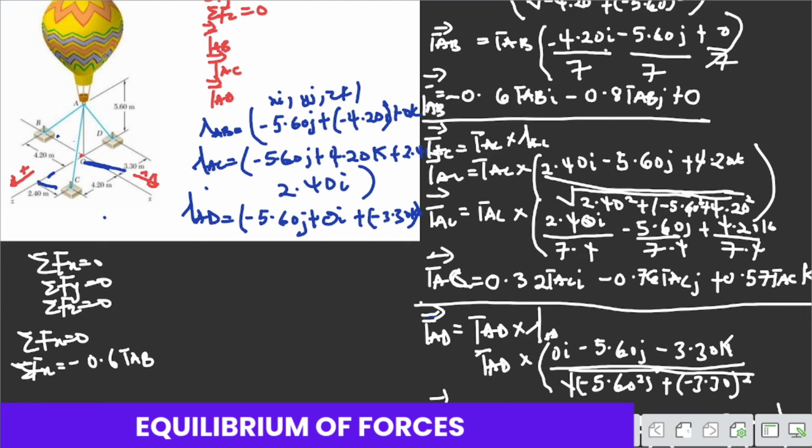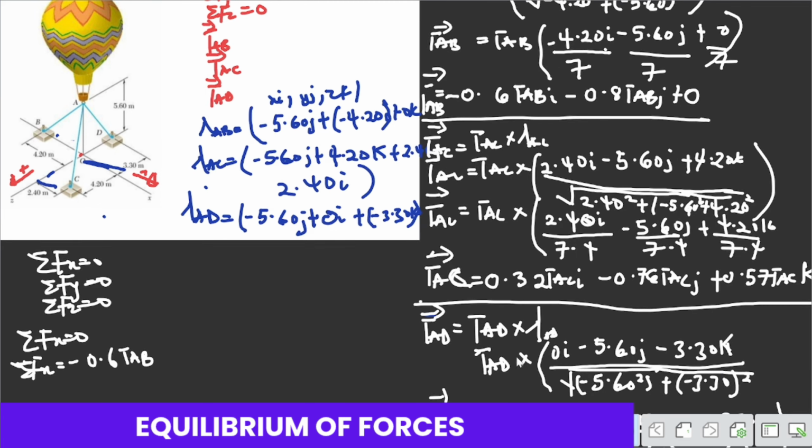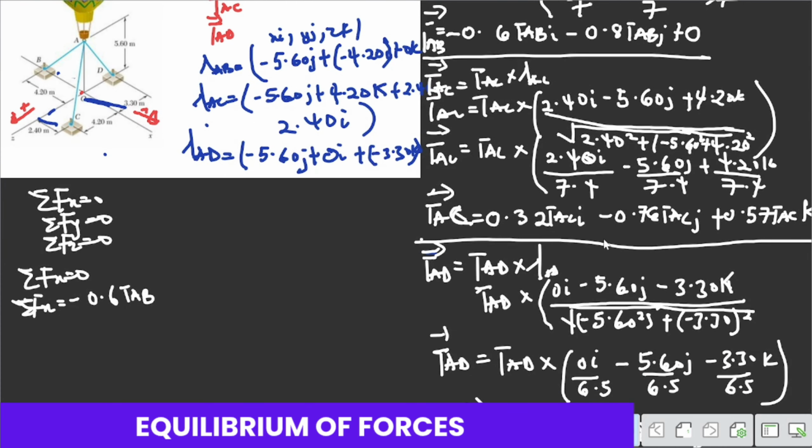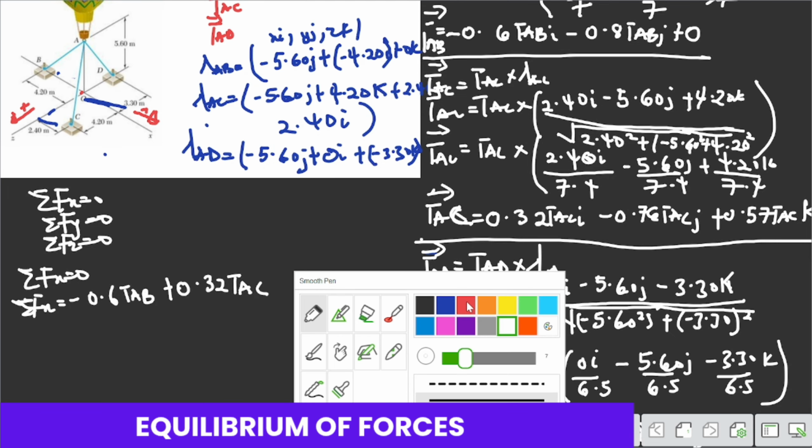Then now we move to the second one, TAC for the I. In the TAC, we know that we had our positive over here. So positive 0.32 TAC here.